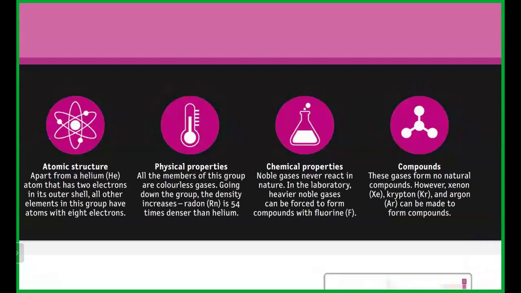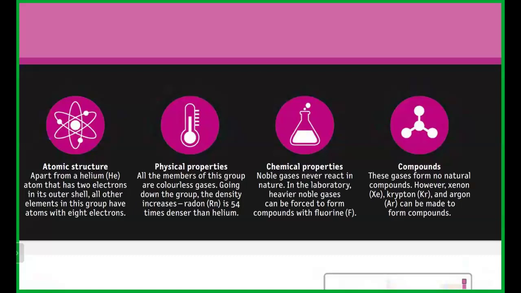It's pretty close. And that's why in the laboratory, where humans can intervene with the reactivity of noble gases, then yes, they can force them to form a compound. But in nature, they will not form a compound.